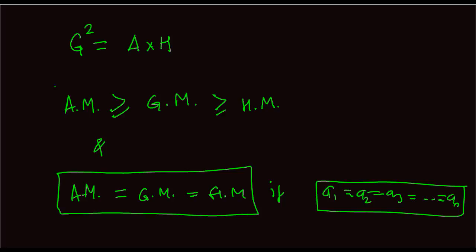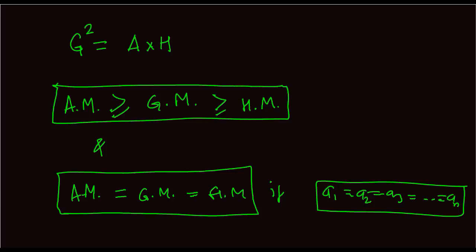Fine. Now this is the most important inequality between AM, GM and HM, because they can give you a question where you have to find the minimum value of numbers like A1, A3 and A5.